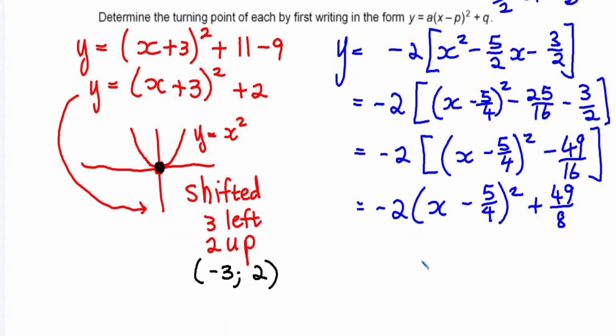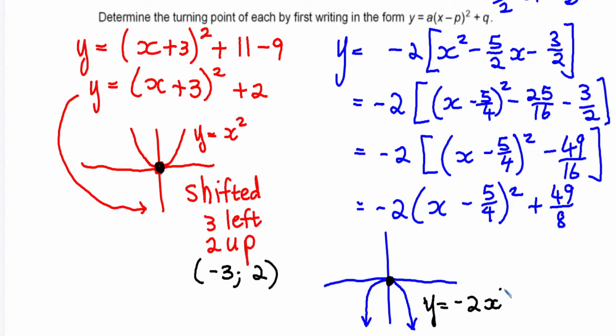I'm going to go through exactly the same discussion here. Here we've got the graph -2x squared. -2x squared is just a tighter version, kind of steeper than the -x squared. It turns at 0, 0. So what I've drawn over here is y equals -2x squared. That's kind of like the parent function, but that's not what we're dealing with. We're dealing with the same shape graph.